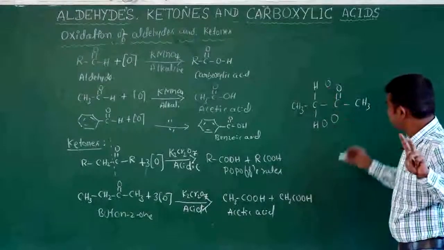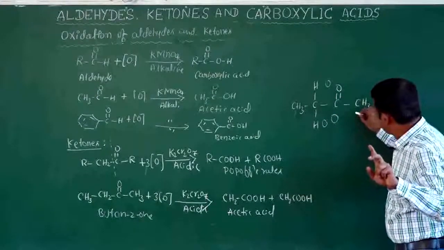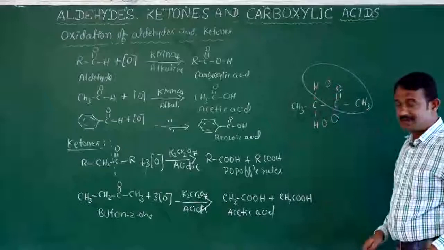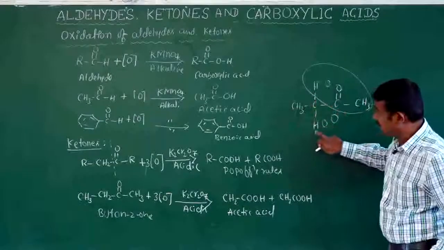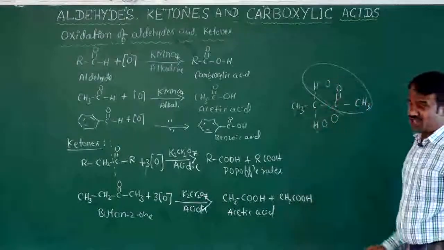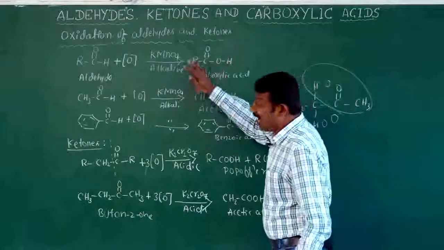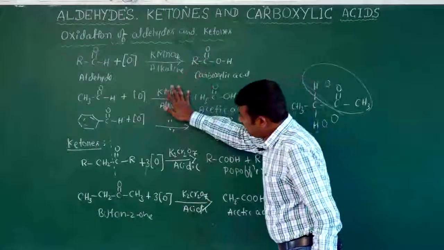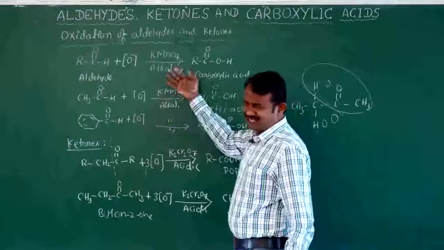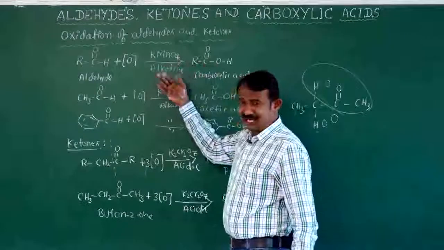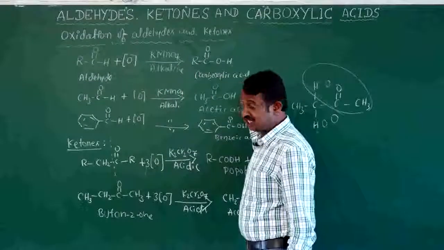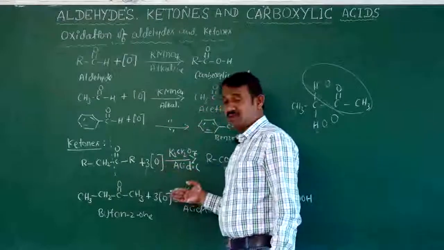I get CH3COOH and another CH3COOH, when the bond breaks at the second carbon. This is the oxidation of aldehydes and ketones. With oxidizing agents such as potassium permanganate, potassium dichromate, nitric acid, Tollens reagent and Fehling's solution, you get a carboxylic acid. But ketones are oxidized with potassium dichromate.